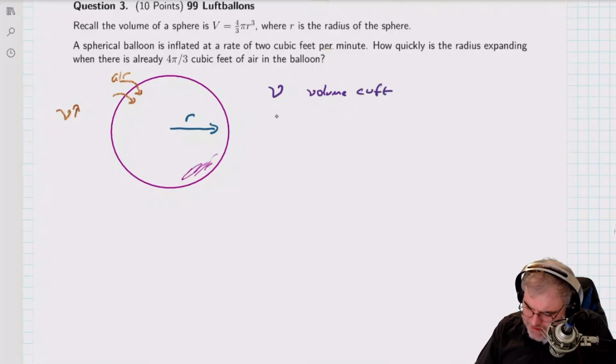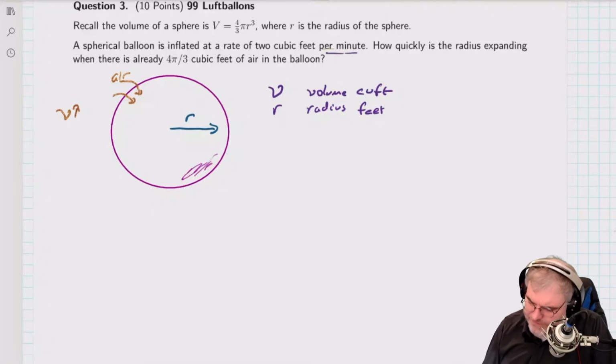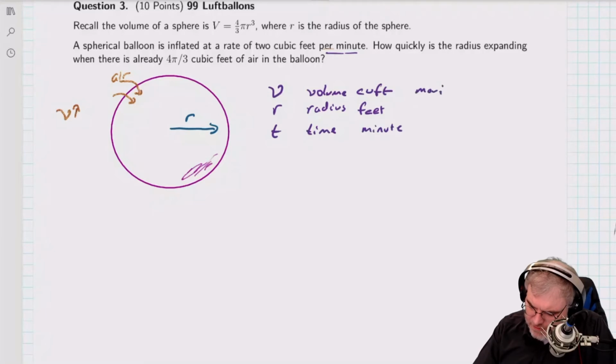We've got r, radius. That's going to be in feet because this is in cubic feet. We've got time, things are happening per minute, so time is in minutes. This thing is moving, this thing is moving, this thing is driving.